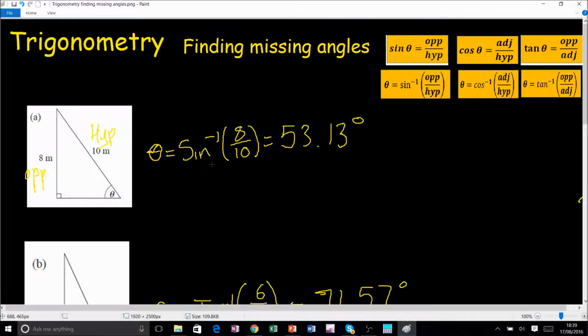For example, if you've got hypotenuse and opposite, you'll be using sine. If you're looking for theta, you do the inverse of sine, put opposite over hypotenuse in the brackets and press equals, and you'll get your answer.